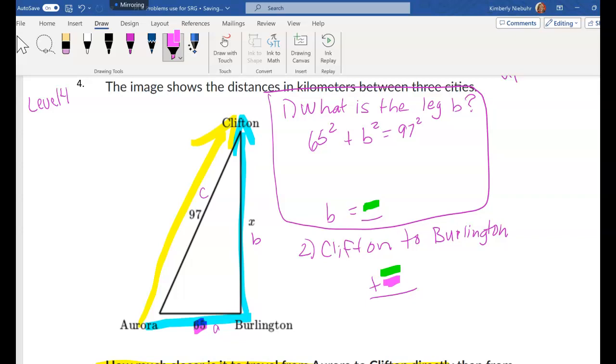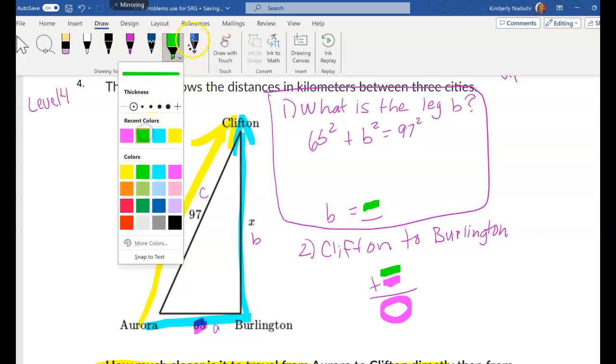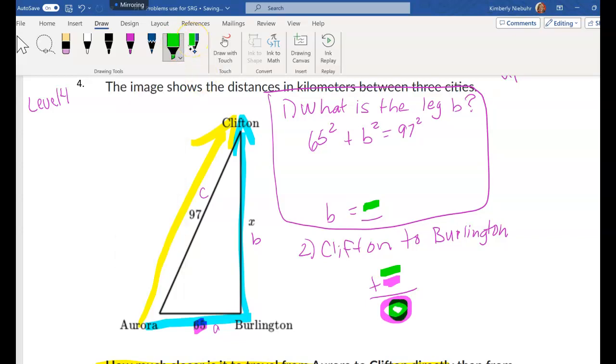We're going to get the total. Once we have that, then we need to find out how much closer.